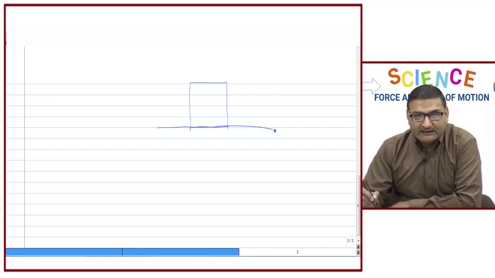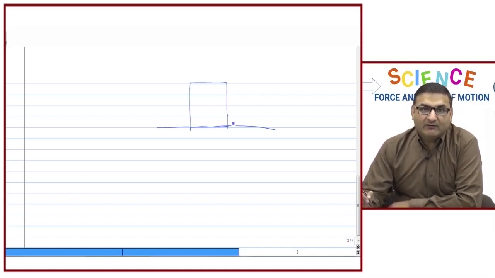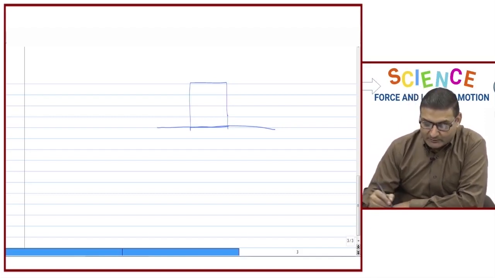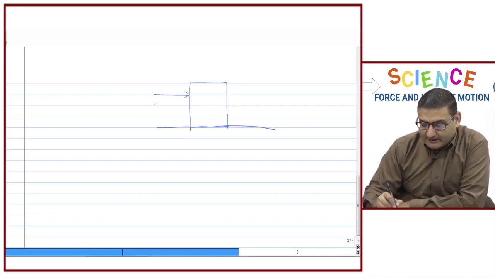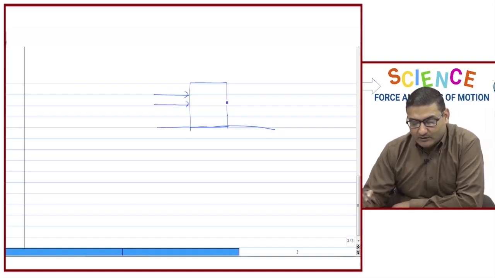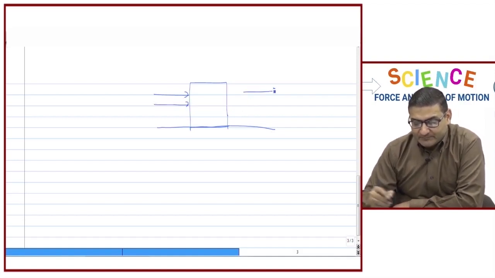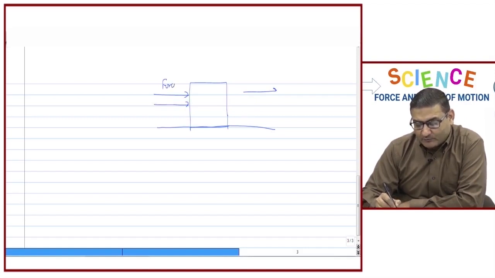We know that whenever two surfaces are in contact with each other, they will always exert a frictional force, and that frictional force is always in the opposite direction, which tends to stop the movement of the object. So if a child is trying to push this box in this direction, he is applying some force.